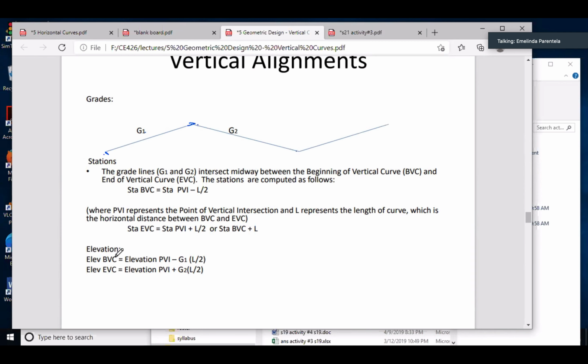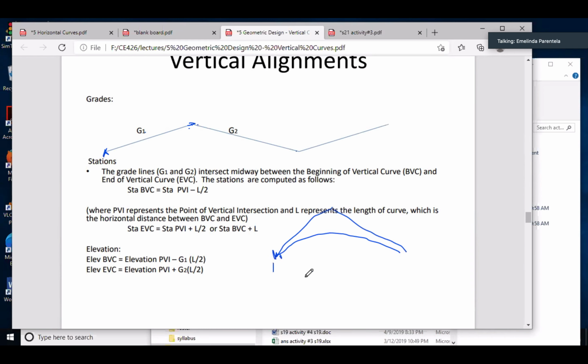Probably not. So here, the elevation of the BVC, or the elevation at the beginning of the curve, is equal to the elevation of your point of vertical intersection minus G1 times L over 2. So again, that's how you calculate the elevation of the BVC.